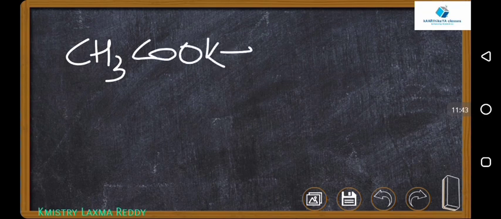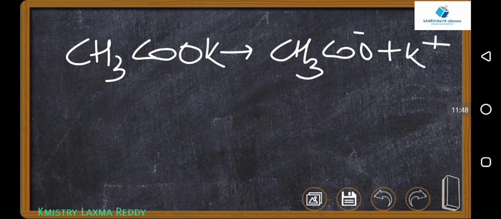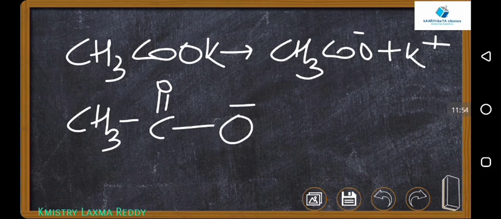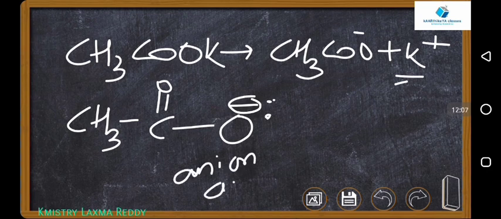CH3COOK gives you CH3COO minus and K plus, right? CH3COO minus has 2 electrons, 1 electron gained from potassium, actually 1 electron is its own, and this is an anion. Anions will go to the anode.